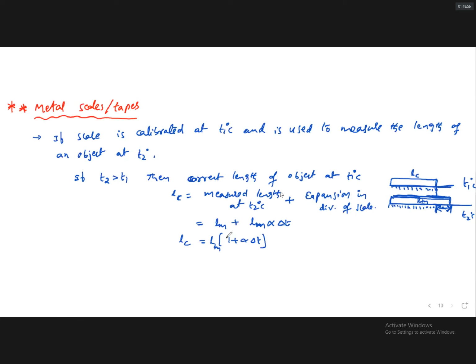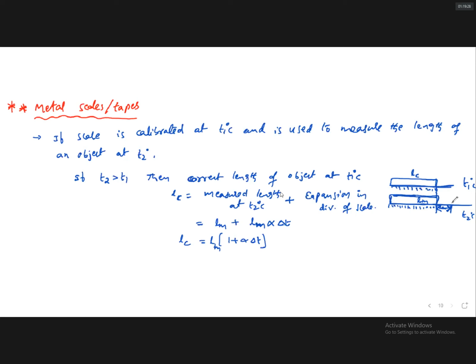Therefore, the correct length is equal to, as the temperature expands the reading given by that scale, here we can assume that the body will not expand, because the body is some non-metal.